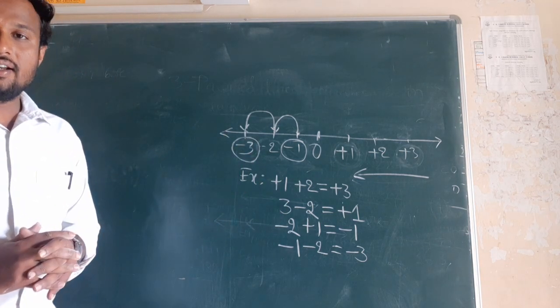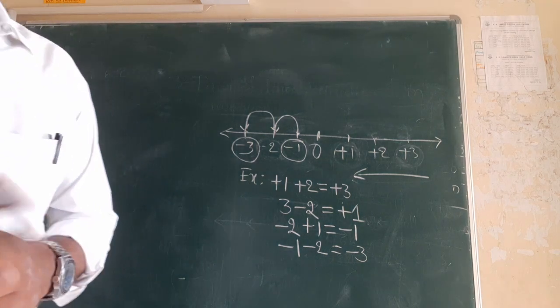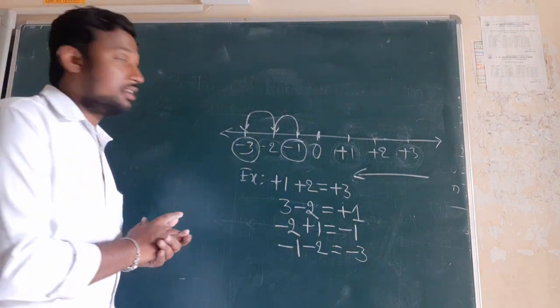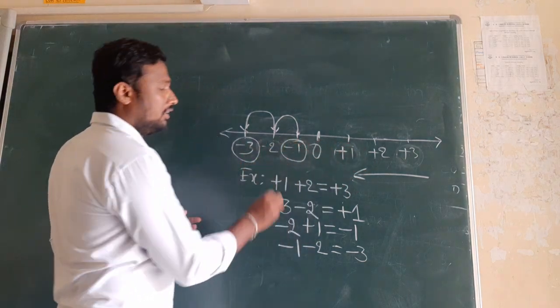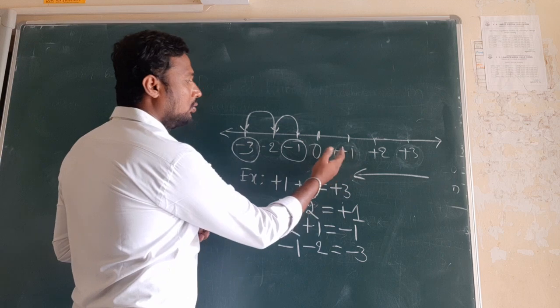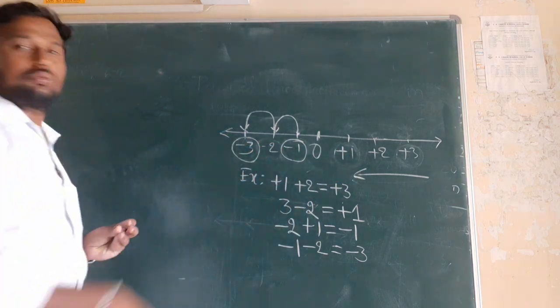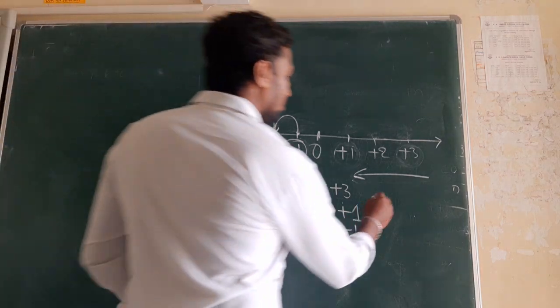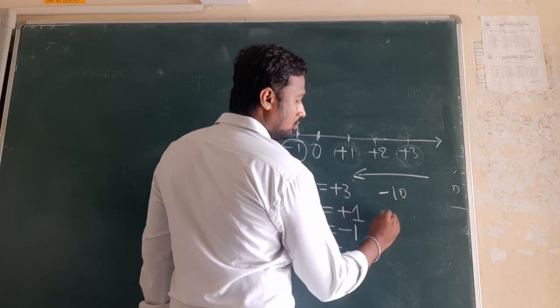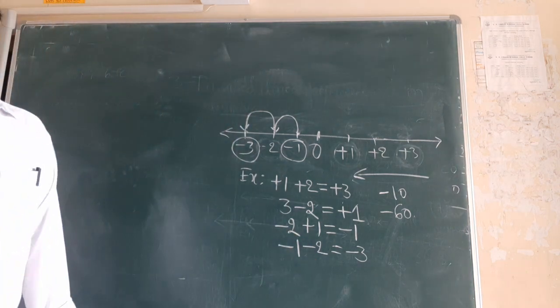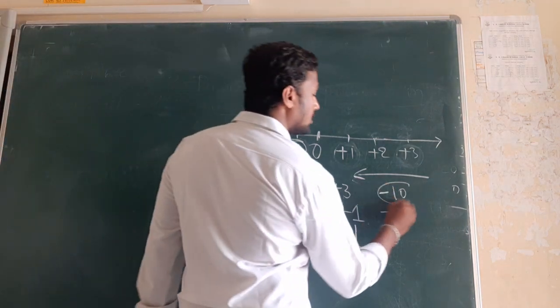Okay, and here one more thing you have to remember: you can observe here that we have very few numbers, that is +3, 2, 1, -1, -2, -3. Suppose we got numbers like -10 and -60.